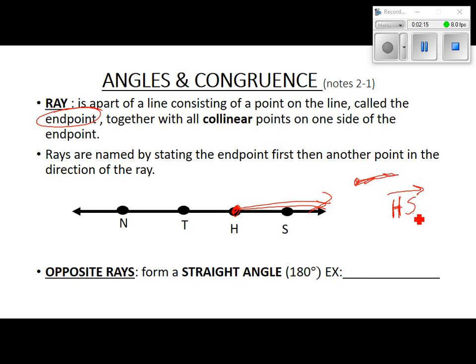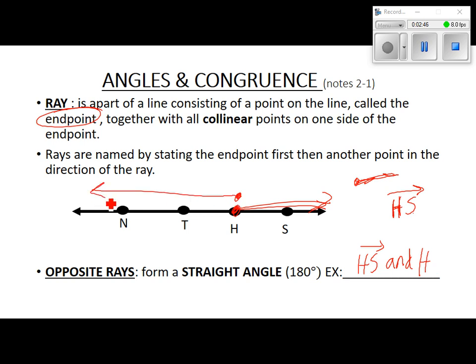If we use ray HS, let's put it in a blank down here. What's the opposite ray for ray HS? To be an opposite ray, we have to start where? Same spot. So it's got to start at H, and then it goes which direction?